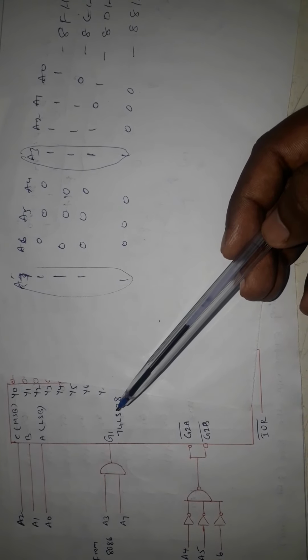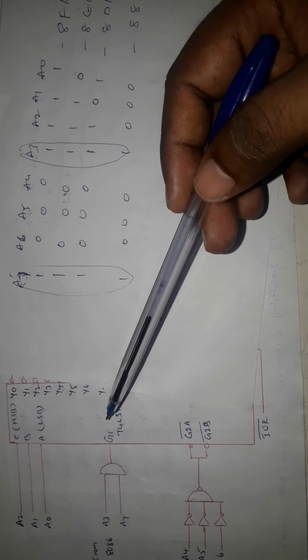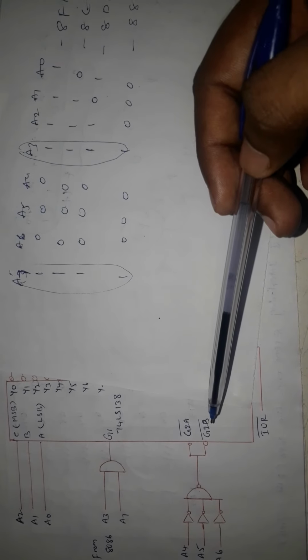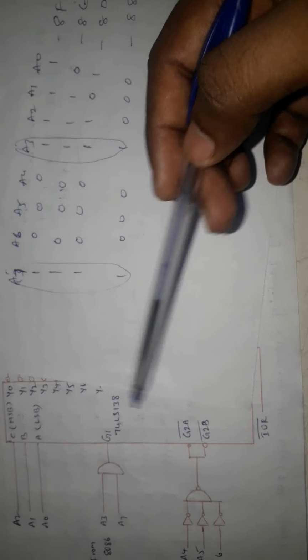So A3, A7 are always 1, so they enable G1, and A4, A5, A6 are always 0, so they enable G2A bar and G2B bar. That is, they enable the IC always whenever this combination occurs. And what about the rest, A2, A1, A0? They keep on changing.